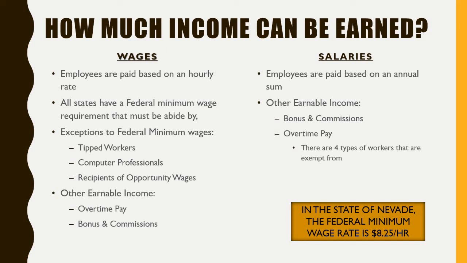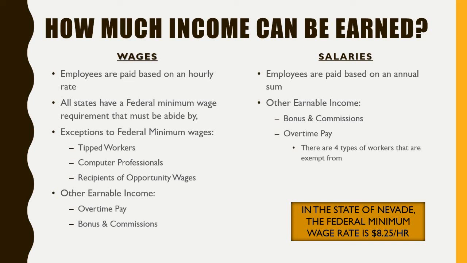Now, why are tipped workers going to be exceptional to this federal minimum wage? It's because tipped workers, right, can count their tips as part of their earnings. Okay, now here in Vegas, you'll normally see a lot of people based on tipped wages, right?